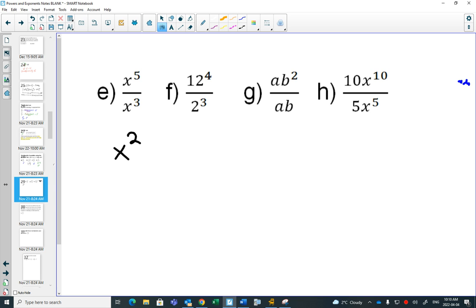The next one. They're not the same base. We can't do any of our rules here because of that. What could we do?